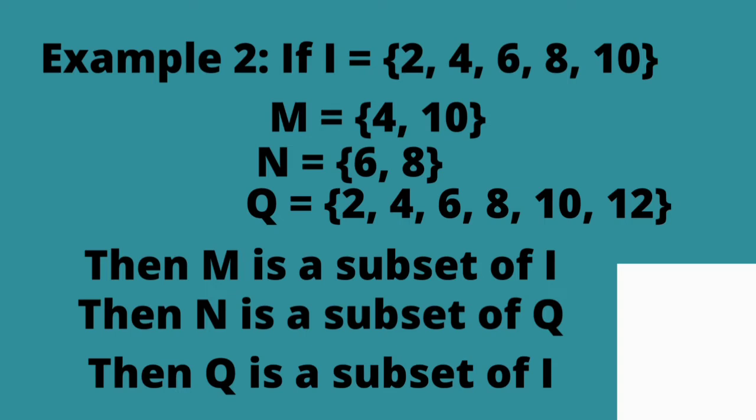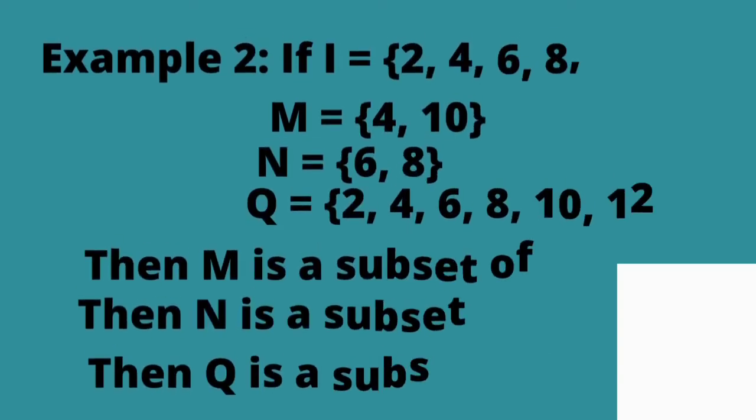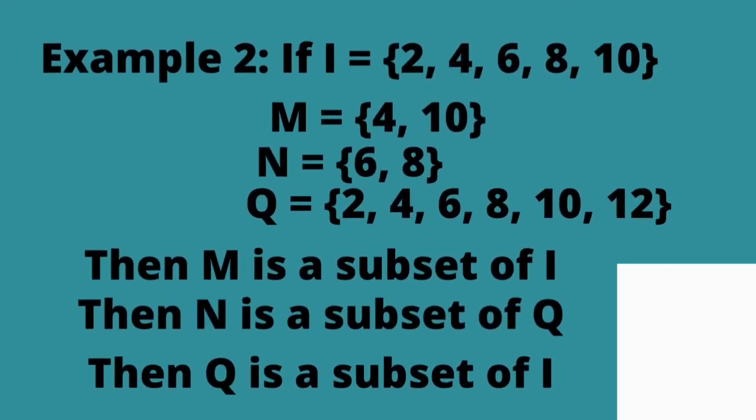Now, we can say that M is a subset of I because the elements in M are contained inside of I. Also, N is a subset of Q because part of the elements in N or all of its elements are present in Q, and Q is also a subset of I for that same reason.